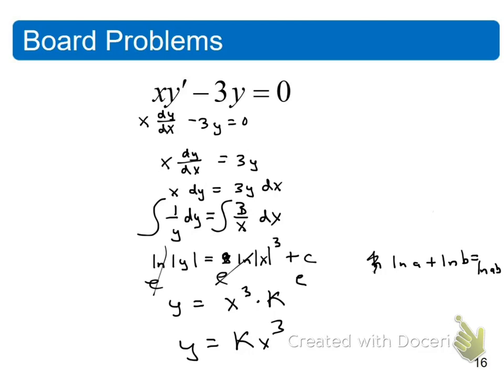Right? So there's one property. If I had the natural log of a minus the natural log of b, I could rewrite that as the natural log of a over b. And then this is the one I just did. If I have the natural log of a raised to the b, that's equivalent to b natural log of a.